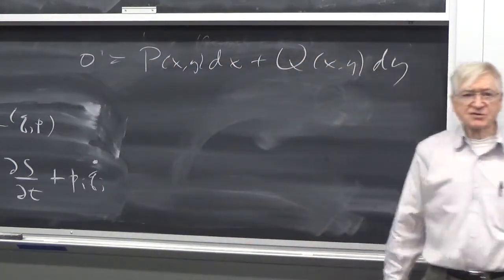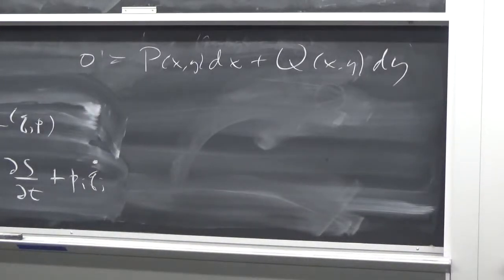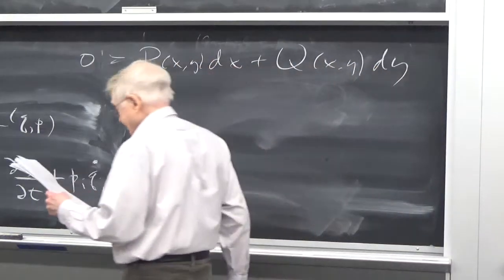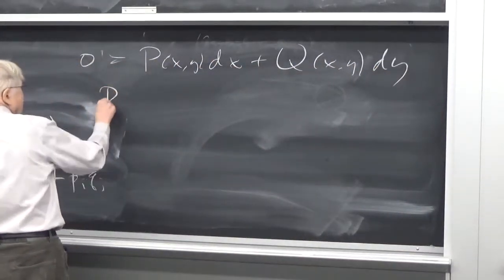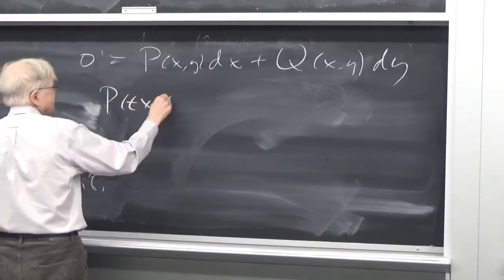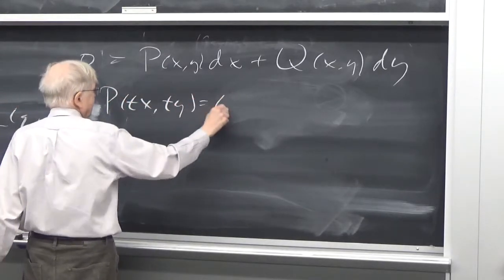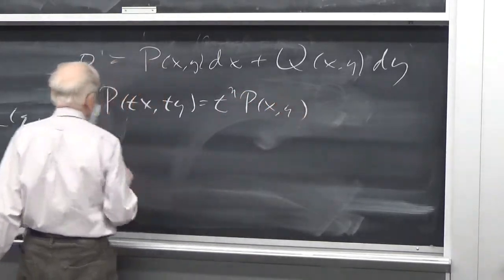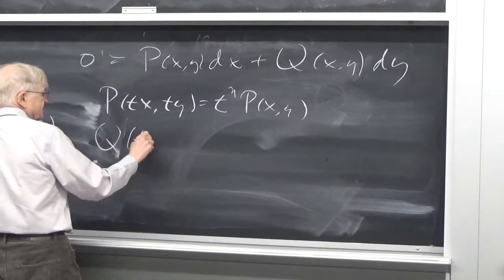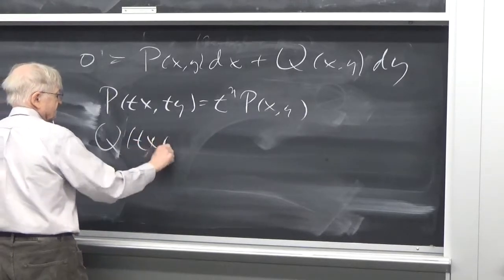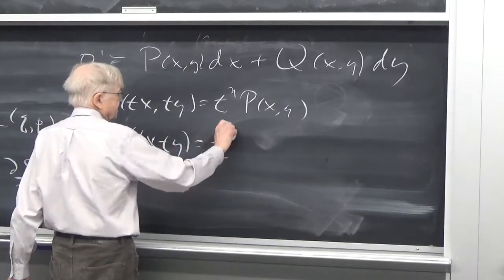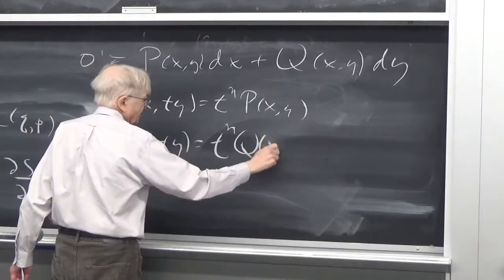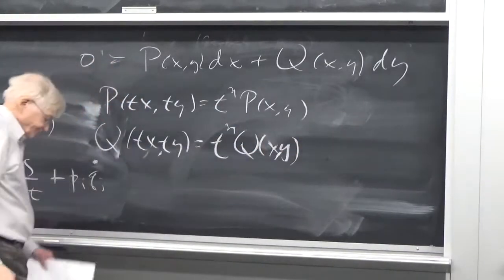So that's our first order differential equation. But we're going to assume that P and Q are homogeneous of degree n. So P of tx, ty is t to the n P of x and y, and Q of tx, ty is t to the n Q of x, y.